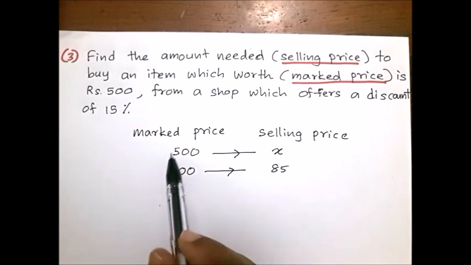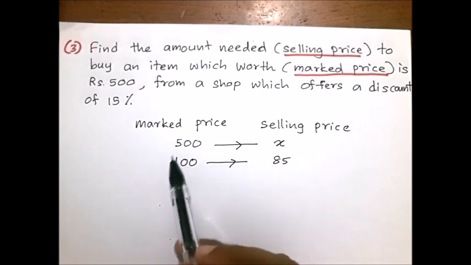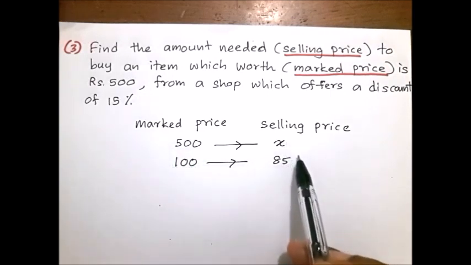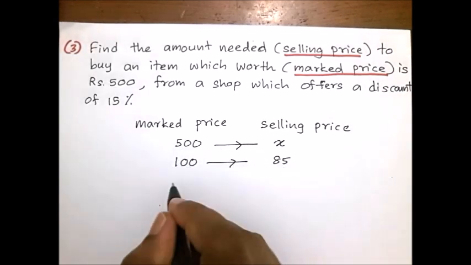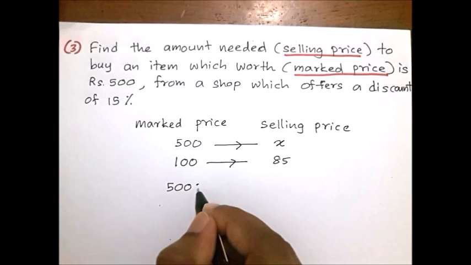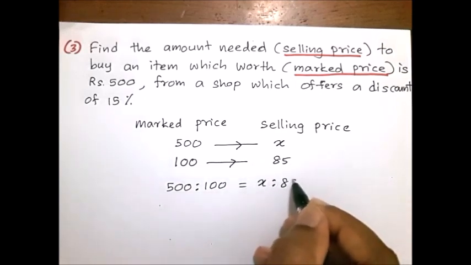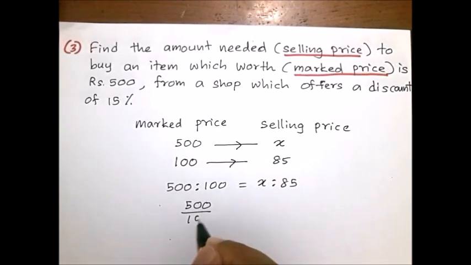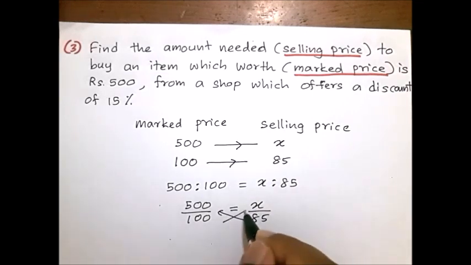Now use the definition of direct proportion here. The definition says if one quantity decreases, the other quantity also decreases in the same ratio. Now the ratio between these two is equal to the ratio between these two. We can write this ratio as a fraction, 500 over 100 equals x over 85. Now use cross multiplication.